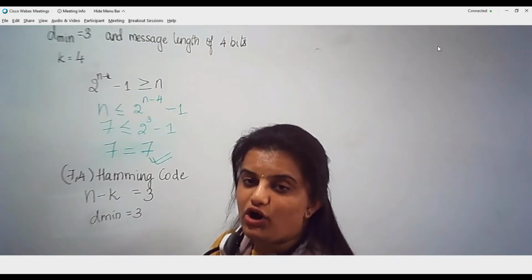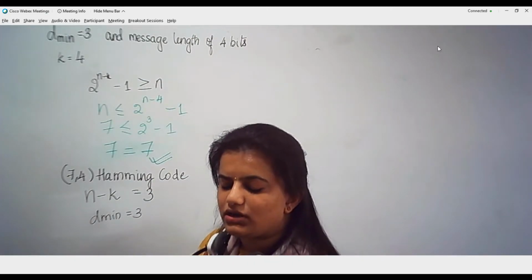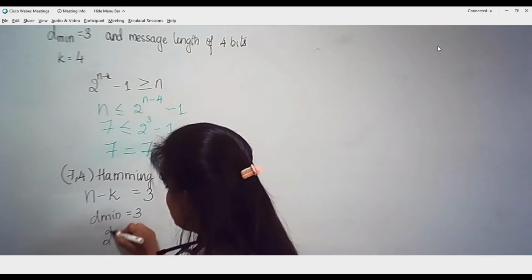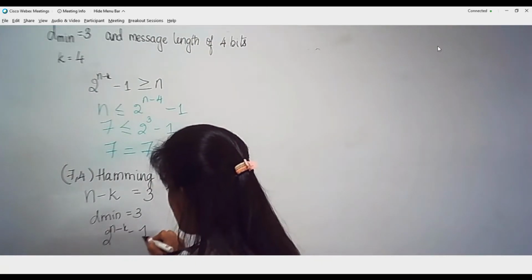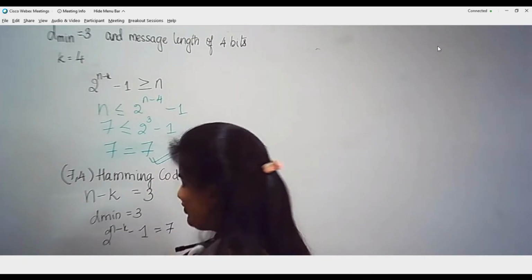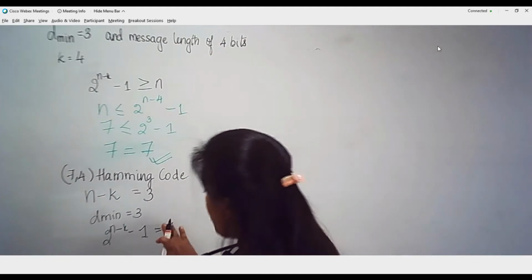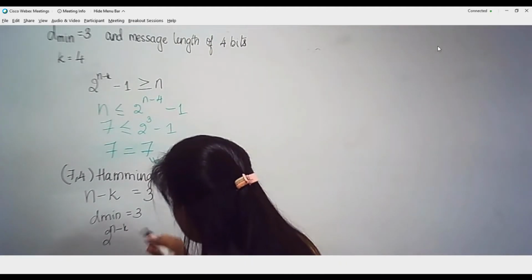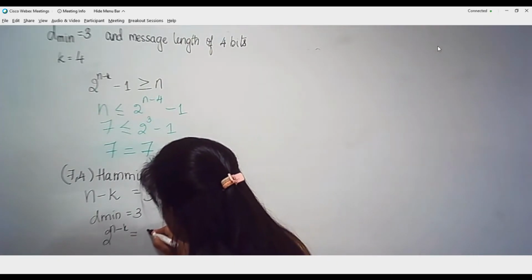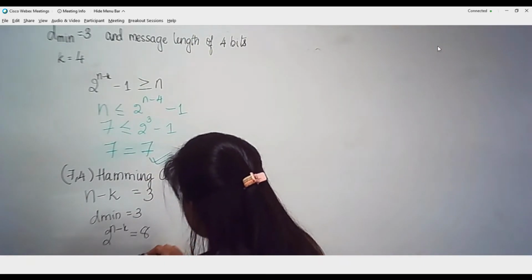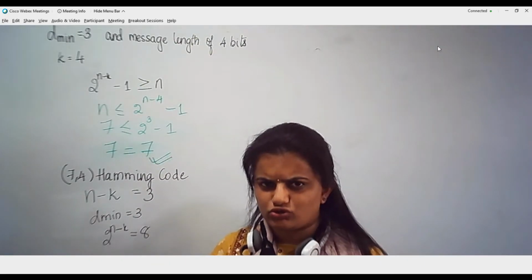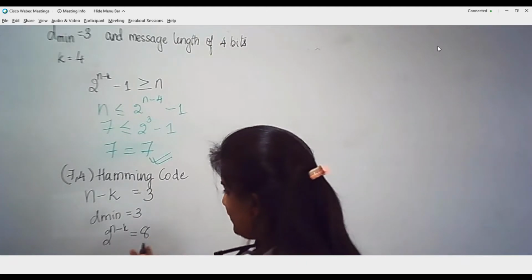And the number of possible syndrome combinations is 2 power (n minus k) minus 1, so that will be equal to 7. The number of possible combinations is 8, but we are only settling with 7. We are only picking out of 8, we are going to pick only a few of them.